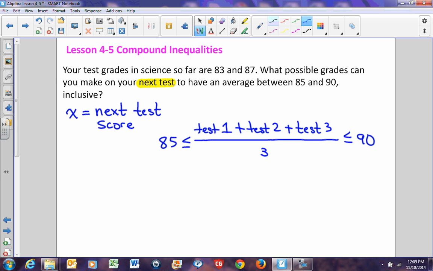So now I just need to transpose all of those numbers into parts of the equation. So I'll keep the 85. Less than or equal to, test 1 was an 83. Test 2 was an 87. Test 3 is a we don't know yet, because that's what we're trying to figure out. That average still has to be divided by 3, because I'm going to have 3 total test grades, less than or equal to 90.